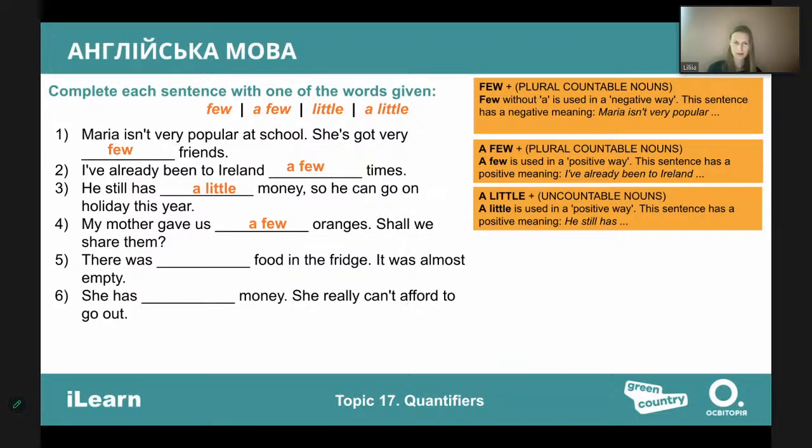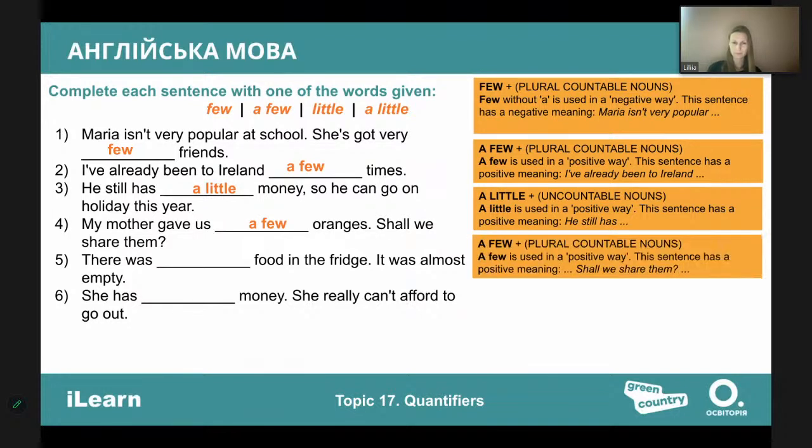All right, number 5, there was food in the fridge. It was almost empty. So there was little food in the fridge. Мало, недостатньо. It was almost empty. Not enough to eat. Almost empty, майже порожній.